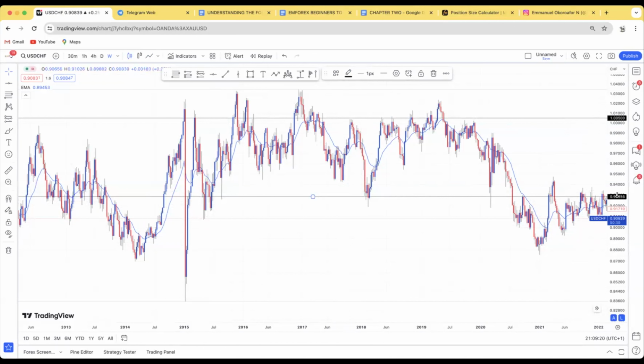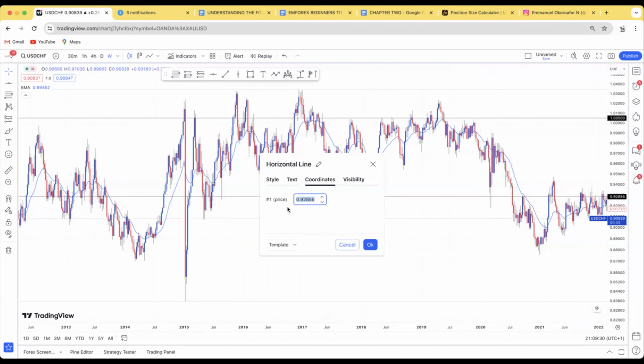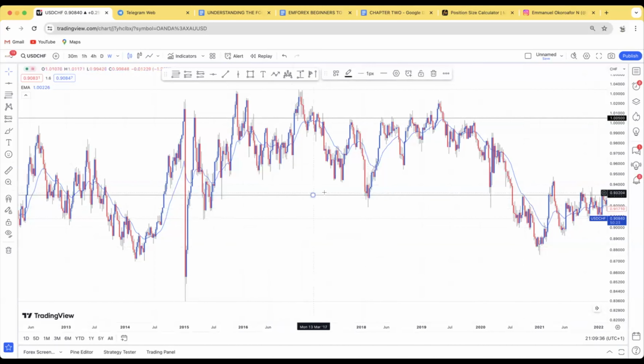This is 9, so I just have to look for the nearest number. 9300, which is 9300. So this is the nearest number. All these things just work perfectly well. Once price comes here, it just bounces and does the whole stuff. These are things you need to understand.